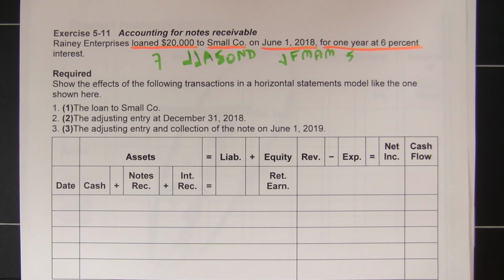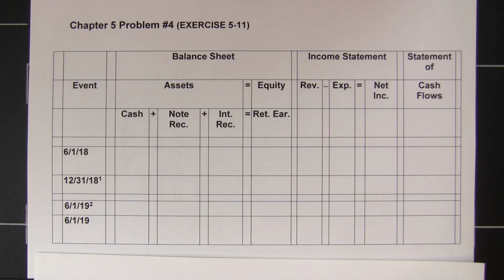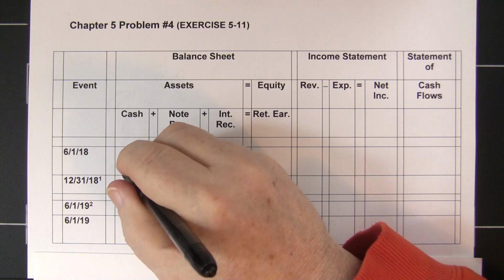So let's take care of the loan first. We loaned the money to this company. We made the loan, so our cash went out.